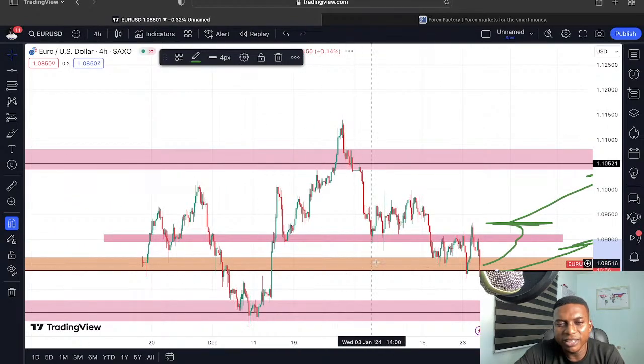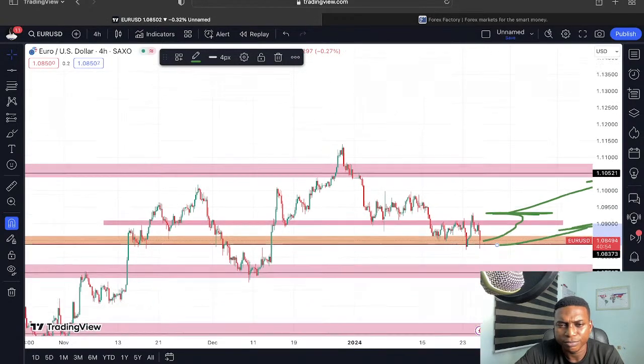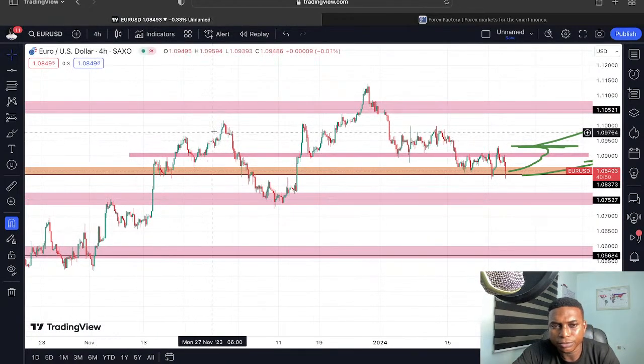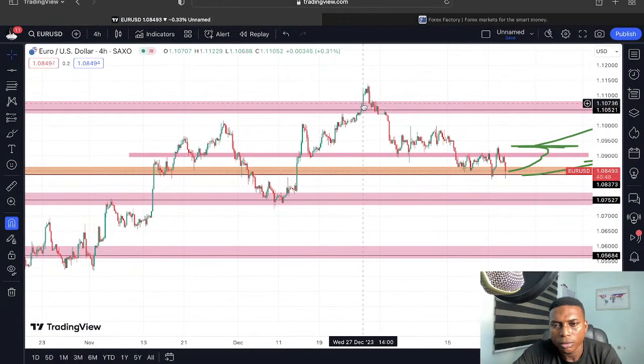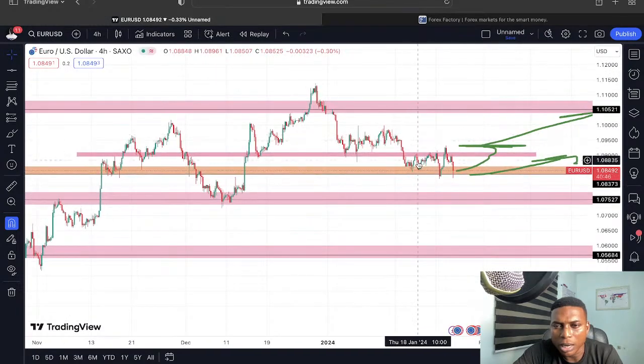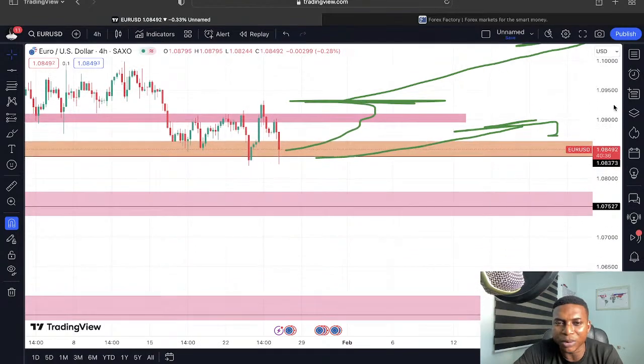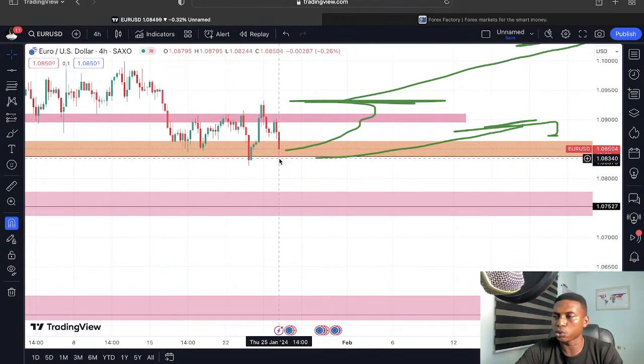So we can see here how market has been consolidating at this level. Now, one of the things that moved price down to this level today was the news.